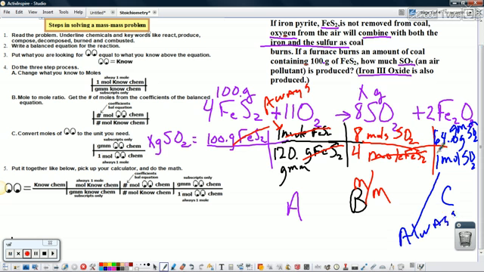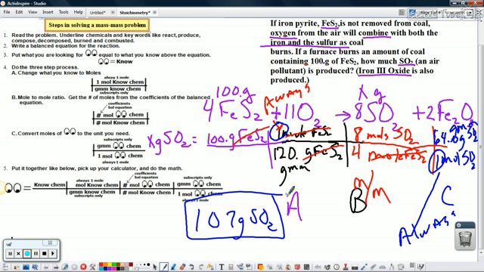I get people who get carried away and want to put other numbers there. This is always 1, and this one is always 1. Don't get carried away with those coefficients. Okay? So when I get through, my answer should have 3 significant figures, and my answer is 107 grams of SO2. Box answer.